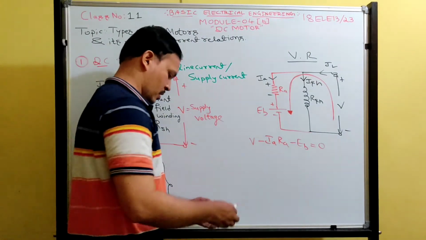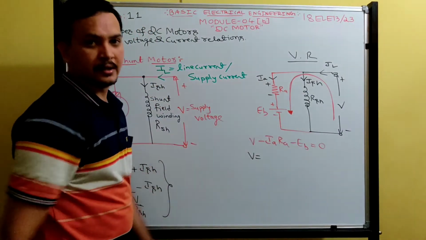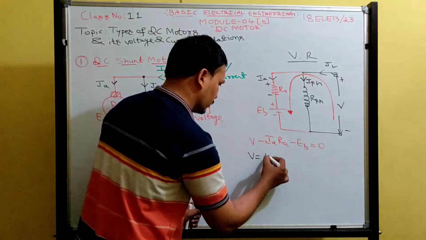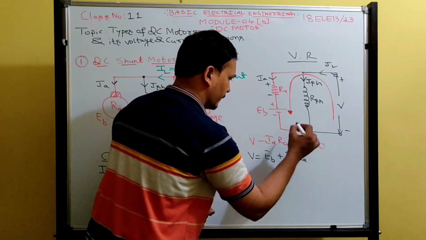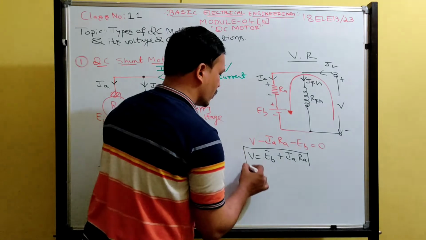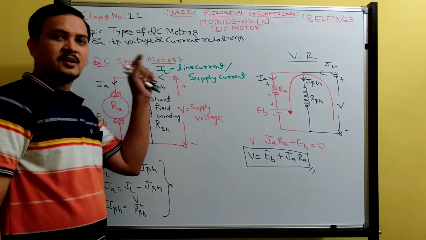Now take all the negative terms to the right hand side. So V is equal to EB plus IA RA. This is the voltage relation for the DC shunt motor.